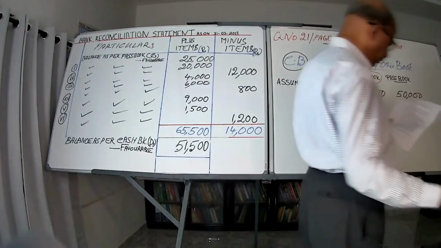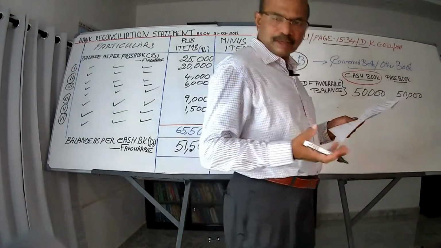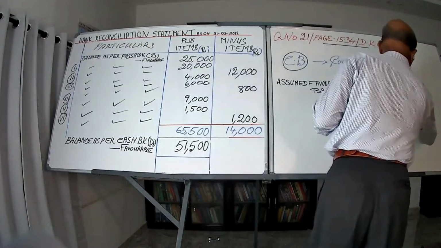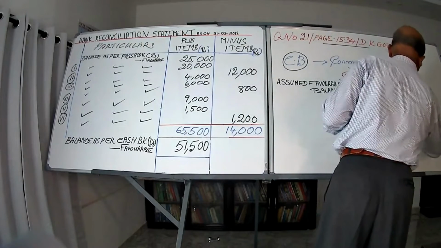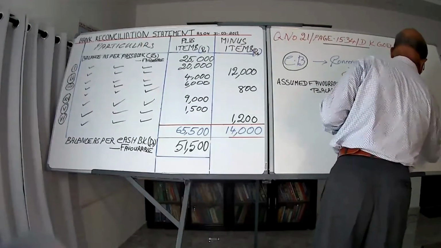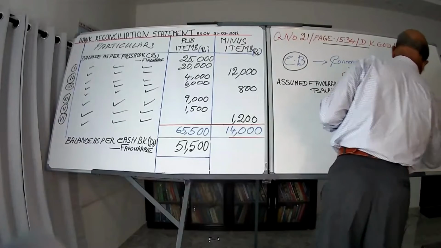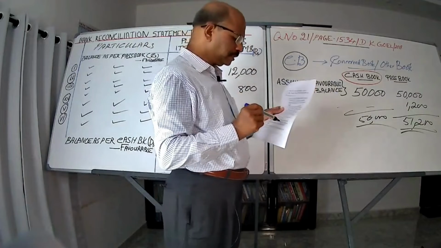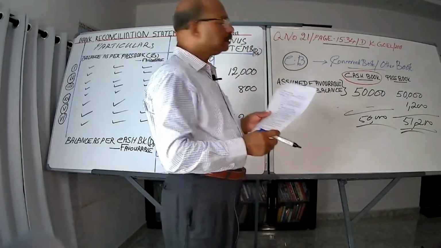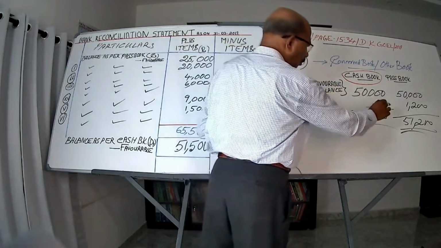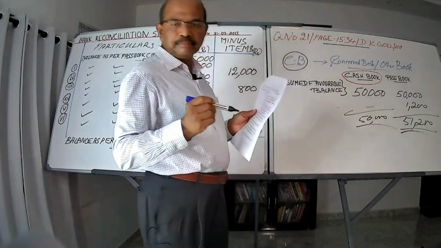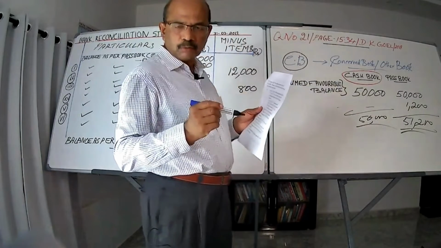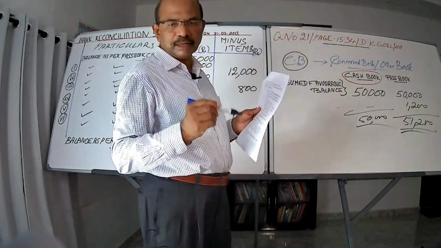And there is a credit. Credit means obviously bank balance will go up. Bank has shown a credit. They are showing 51,200. I was not aware of this credit. Credit given by the bank to the extent of 1,200. Hence, bank balance will go up. I already told you, debit by the bank makes the balance down, credit by the bank makes the balance up.